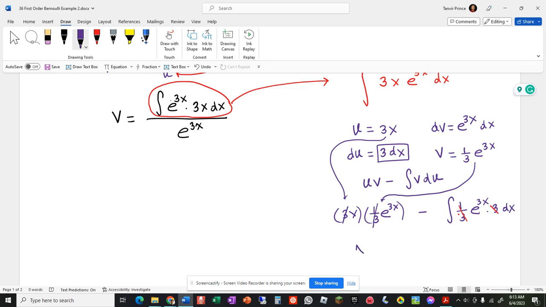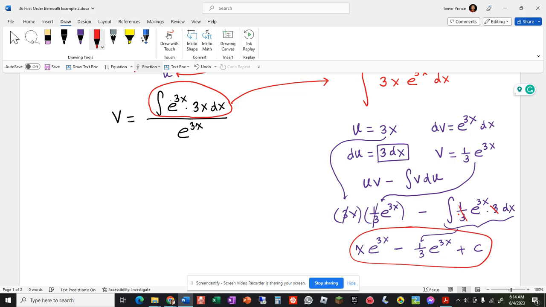So I have x e to the 3x minus the integral of e to the 3x, that is 1/3 e to the 3x, and then plus c. Here I have to add c. So this amount goes here.